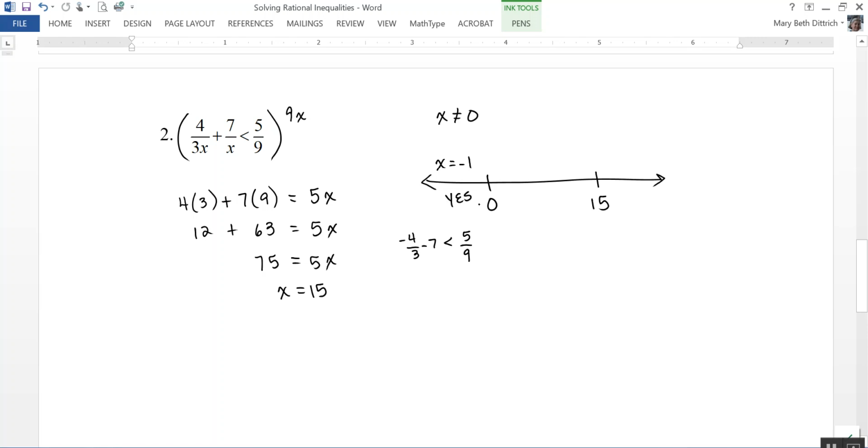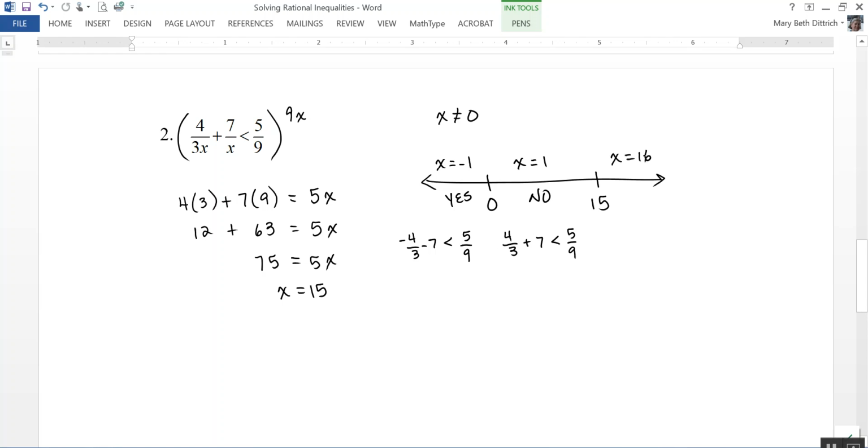Let's pick something between 0 and 15. I'm going to pick x equals 1. So plugging in 1 is going to give me 4/3 plus 7. Is that less than 5/9? Well, no, it isn't, because that's going to be 8 1/3, and that's not less than 5/9, so that would be a no. And then choosing a value that's larger, I'll go with 16.